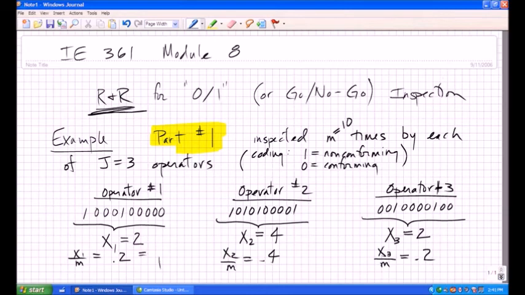I might call that p hat number 1, p hat number 2, and p hat number 3.